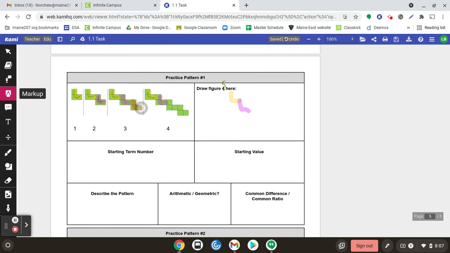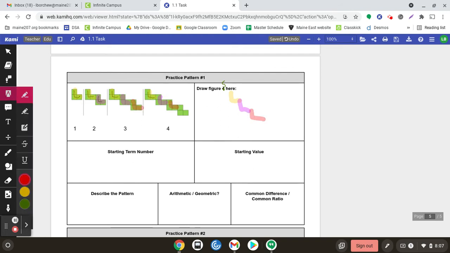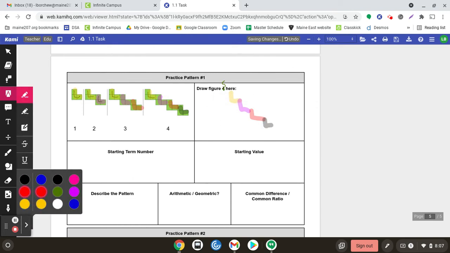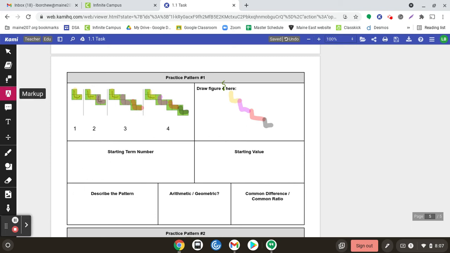Here it is right here, right there, right there. And the next L, let's go for black. Who doesn't like that? It's right there and right there. And then I've got to add one more L. Let's make it blue. And it would be right here in the last figure.